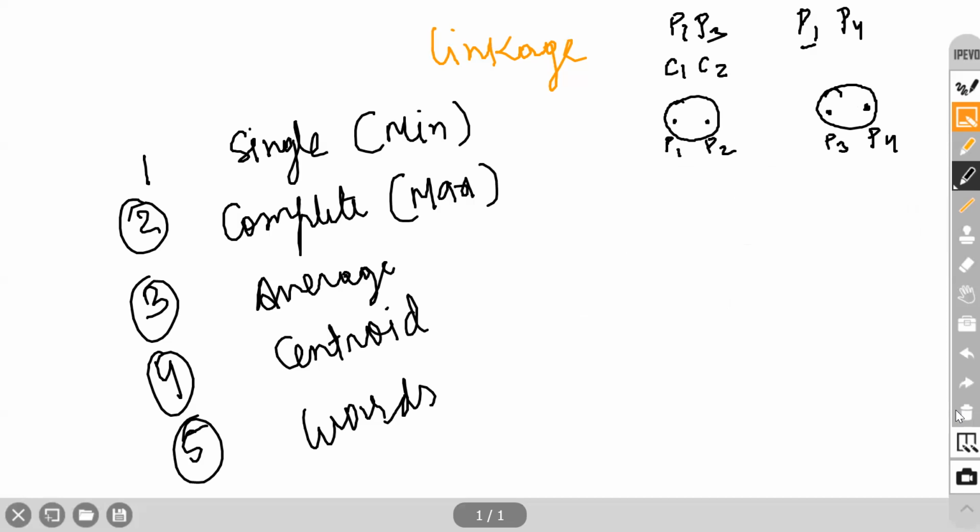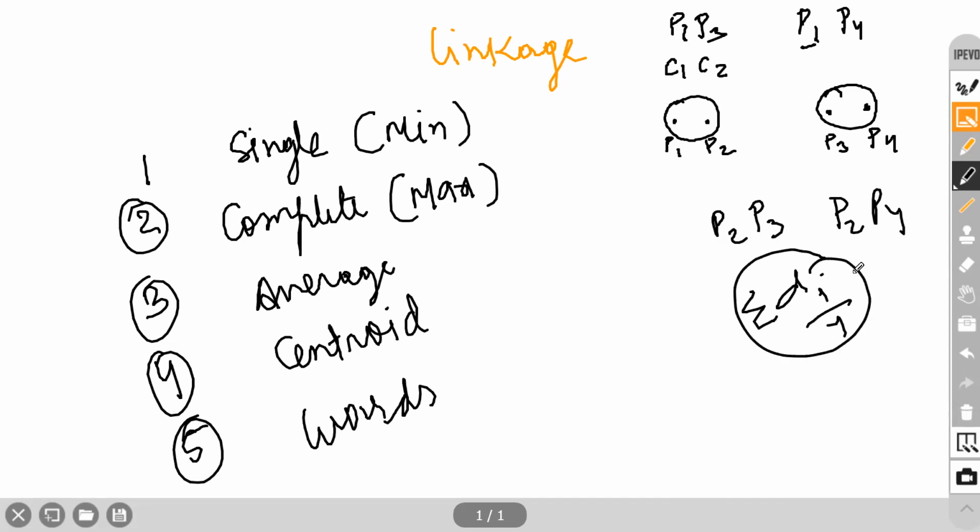In the average case, what will happen? We will measure all the distances, like whatever we measured: P1, P3, P1, P4, P2, P3, P2, P4. We measure all the distances and take the average of that. All the distances divided by 4. Whatever the average distance is, the minimum of the average distance will be the factor by which we will be combining. Got it?